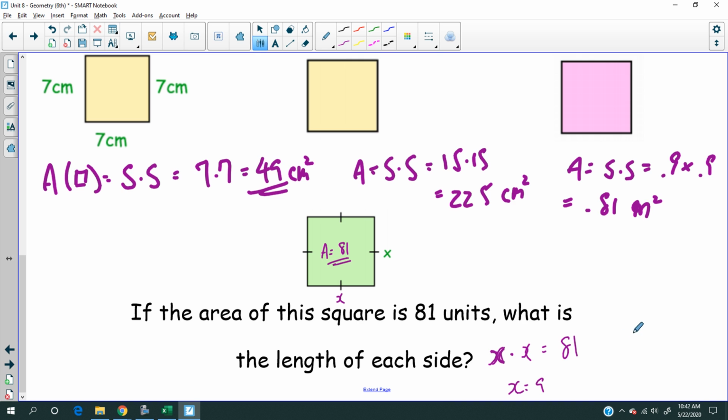Whereas if you have s times s or x times x, that gives you x squared. The question is this. If I give you 81, what would x be in order to give us 81? So in other words, what times what gives us 81? Okay, I just wrote that here.